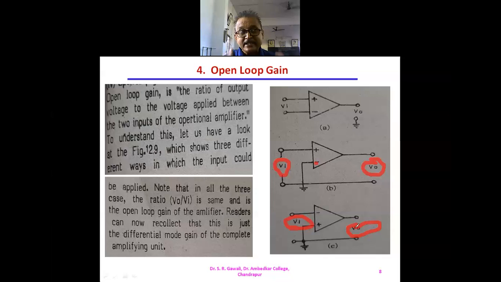So ideal operational amplifier should have very large open loop gain. Okay, कितना गेन चाहिए ओपन लूप गेन आइडियल ऑपरेशनल एम्पलीफायर के? ये इट शुड बी द इंफिनिटी, इट शुड बी द वेरी लार्ज.